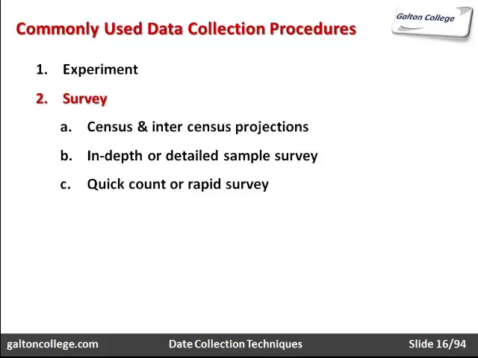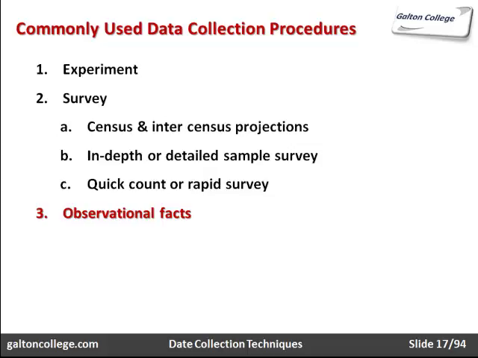Or it could be just a quick one, a quick count of what's happening within some quickly chosen sample, just to give a snapshot of what's happening. So looking at output in a business, they may decide just to pick every 20th item and just have a quick look at it and make sure it's okay. So that's possible.